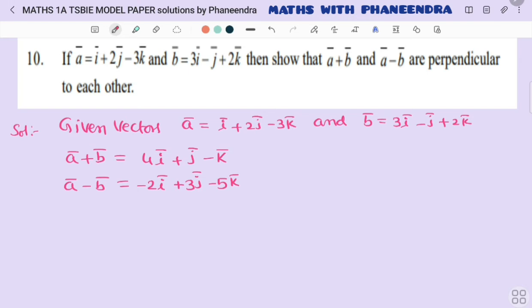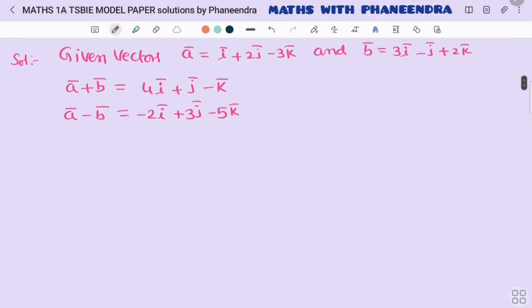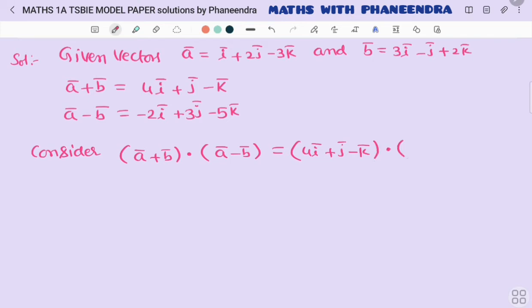So, consider the dot product of these two. Consider a bar plus b bar dot a bar minus b bar. So the vectors first, to write it, 4i plus j minus k dot minus 2i plus 3j minus 5k.